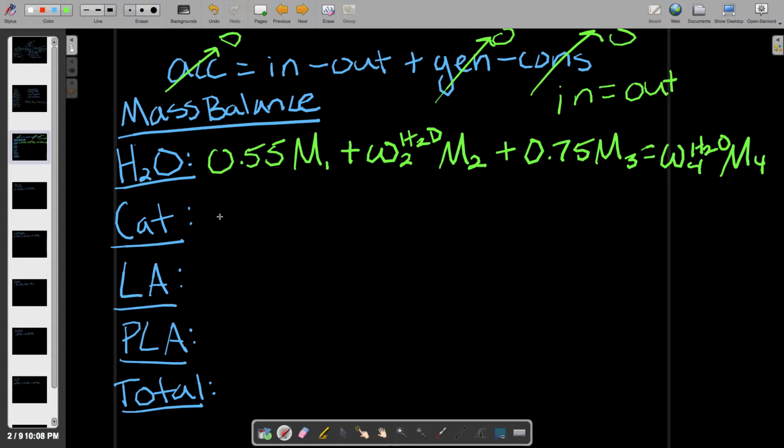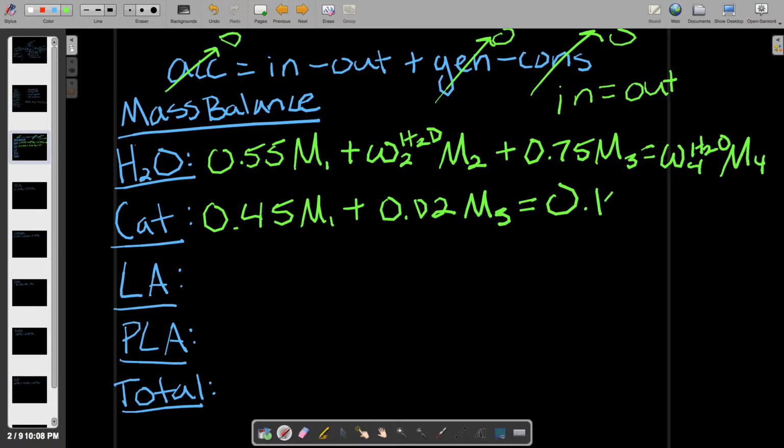For the catalyst, we're going to do the same thing, taking the mass fraction of the catalyst in stream 1 times the flow rate in stream 1, plus mass fraction of the catalyst in stream 3 times the flow rate in stream 3. And that is going to give us mass fraction of the catalyst in stream 4 times the flow rate in stream 4.